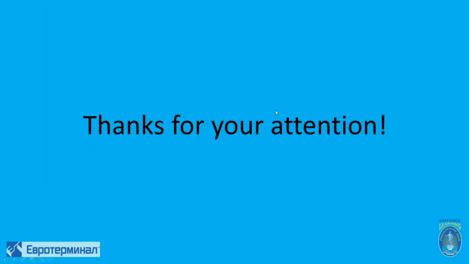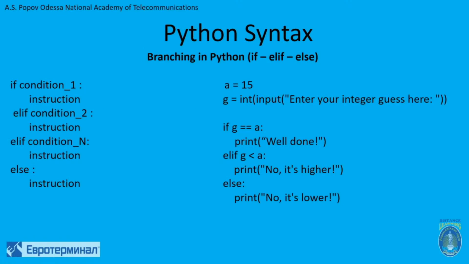Now let's move on and get to the topic of branching. Branching takes place when your program should do different instructions depending on some conditions. Branching in Python is implemented through the constructions if, elif, else.